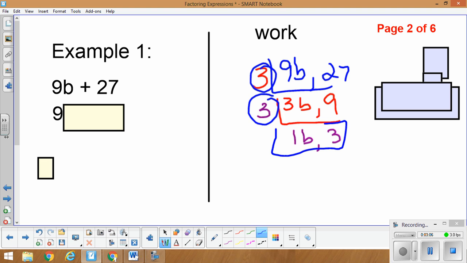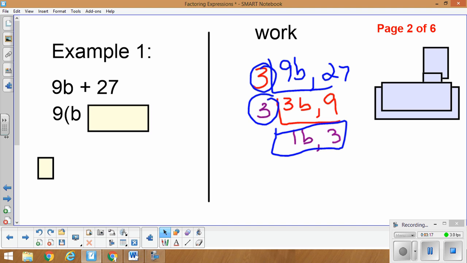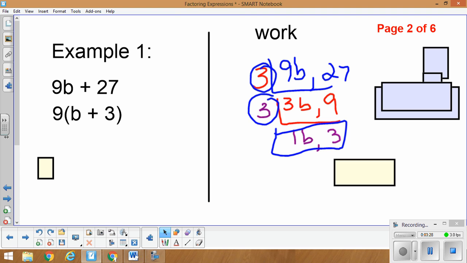It's all of this stuff down here. If I take 9 out of 9b, I am left with 1b, or just b. I bring the plus sign down. And if I take 9 out of 27, I'm left with 3. Okay, so there's your very first factoring example.